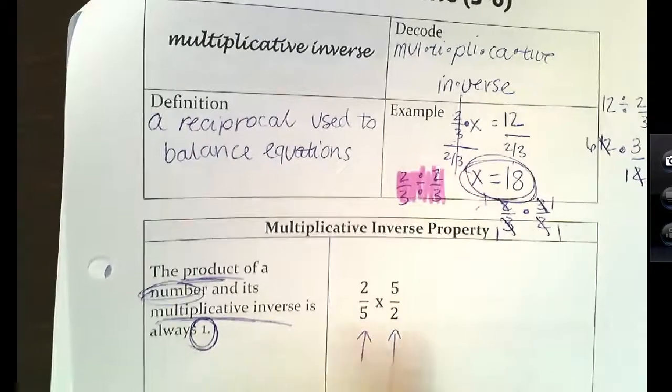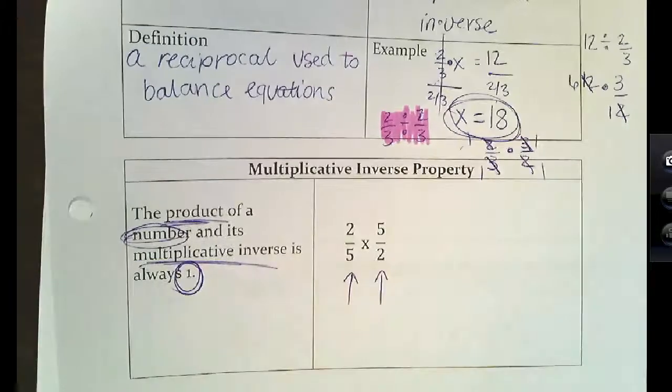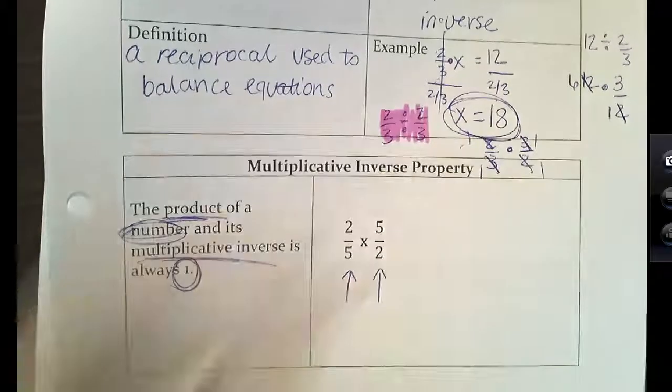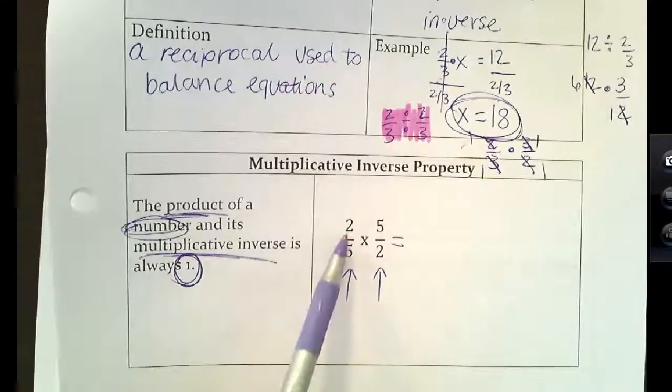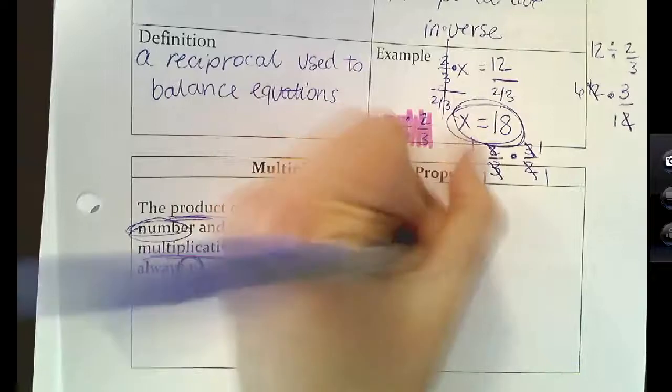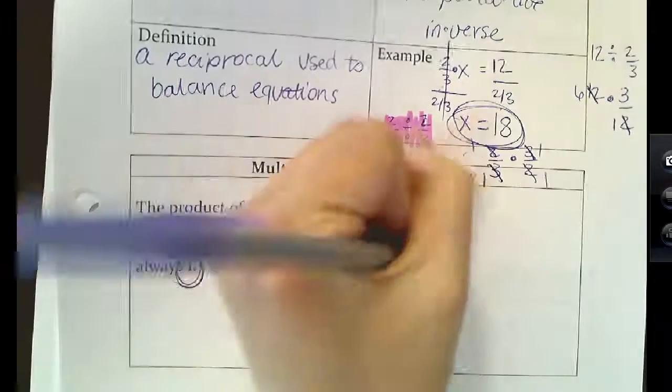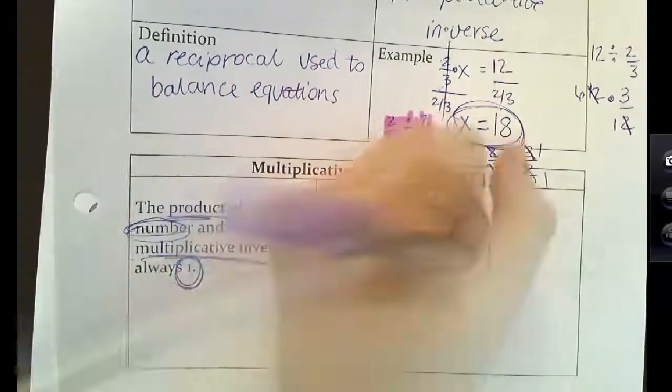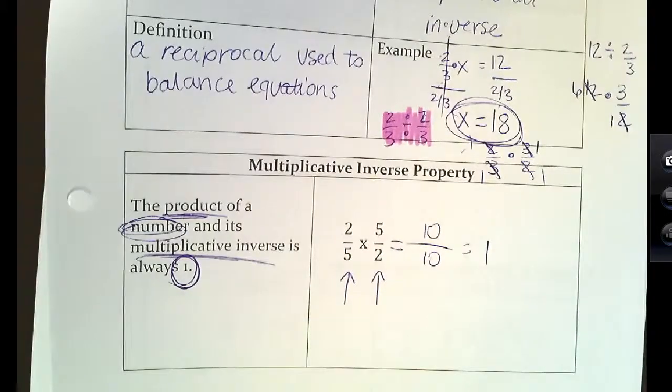So anytime you multiply a number by its reciprocal, the result will always be 1. In my numerator, what's 2 times 5 give you? 10. And in your denominator, what's 5 times 2? What's 10 divided by 10? It's just 1. So anytime you multiply a number by its reciprocal, it will always be 1. Or you could have done some cross canceling. Either way would be fine.